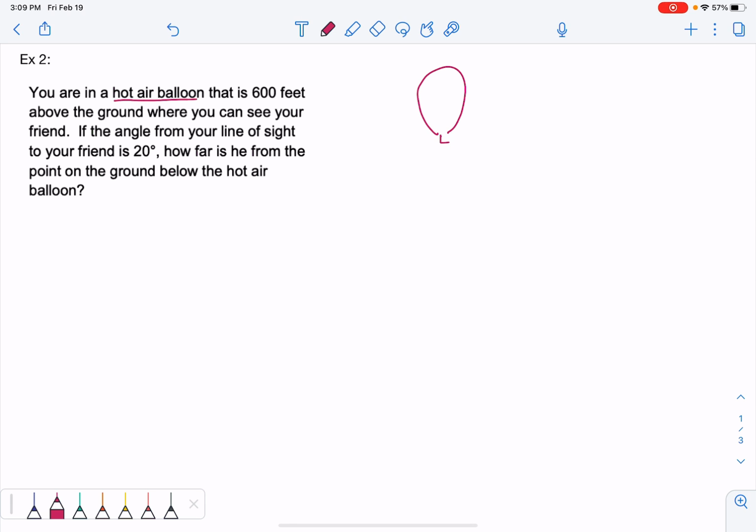It looks like a balloon, and it has a basket for people to stand in. That is 600 feet above the ground. So that's telling you your height. This is 600 feet. And we measure height at a 90-degree angle.